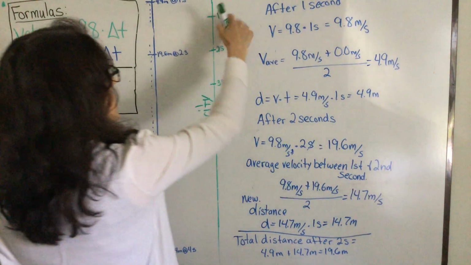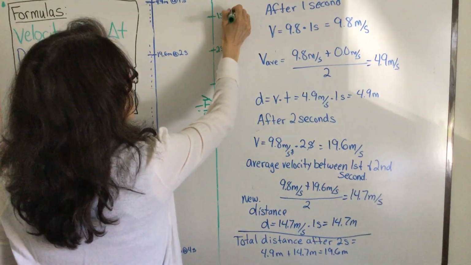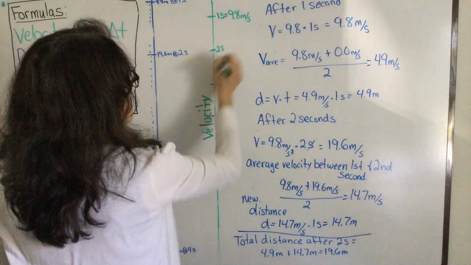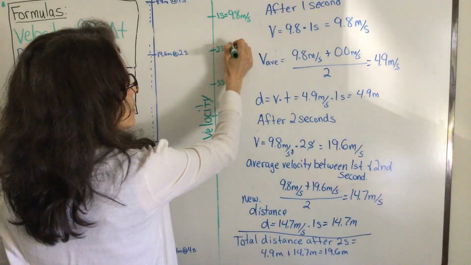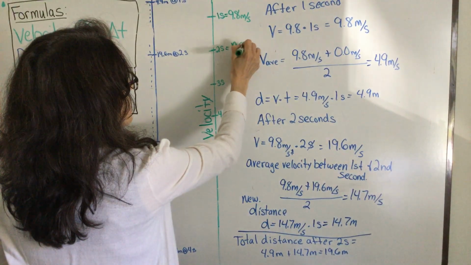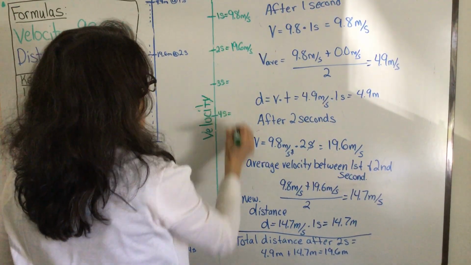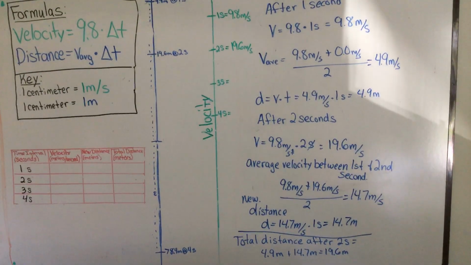Second number 1 equals 9.8 meters per second. Second number 2 equals 19.6 meters per second. All right, and I'll give you the values for 3 and 4.